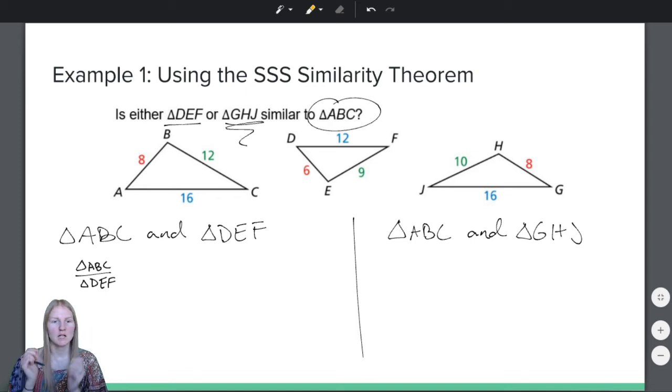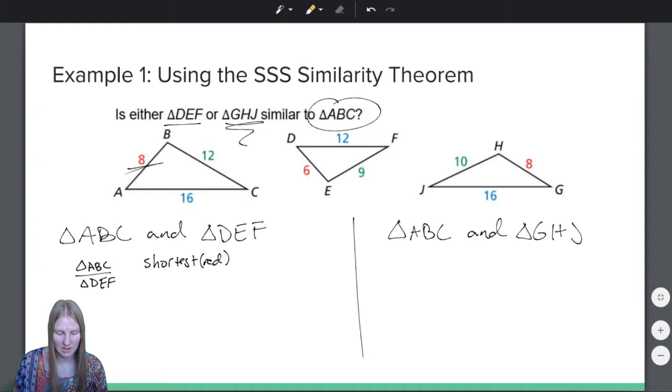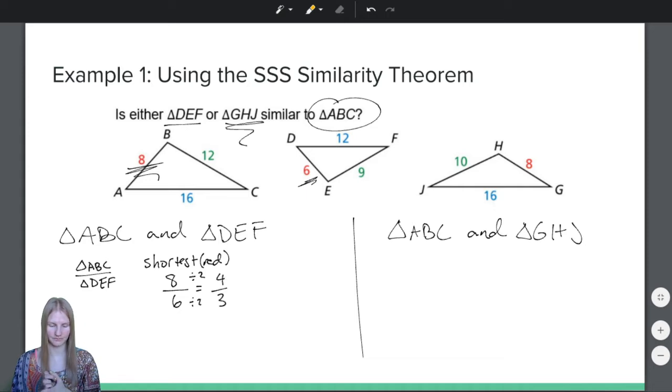So let's take the shortest sides, or the red sides. I'm going to put triangle ABC on top. We have 8 over 6. Now, if I simplify that fraction, I can divide on the top and bottom by 2, and I get 4/3.